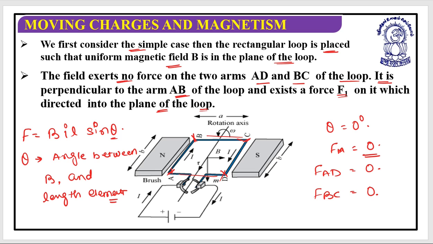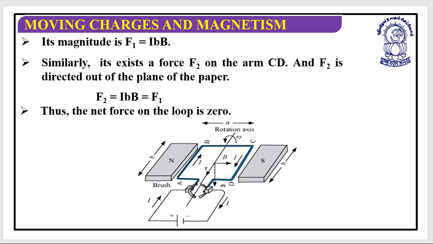The force F1 acting on the branch AB is perpendicular, so theta equals 90 degrees, and a certain force would be there. What would it be? Let's look. The magnitude of that force can be considered as B into I into L, where L is the size of the rectangular coil, so it is BIb.